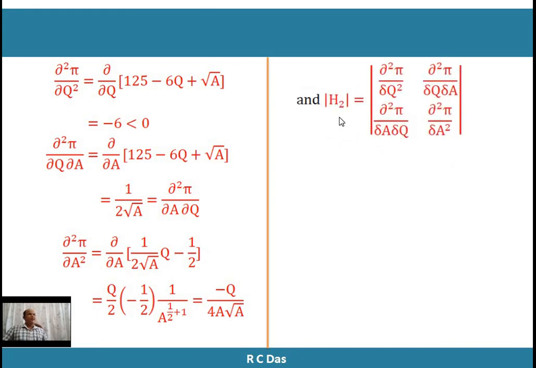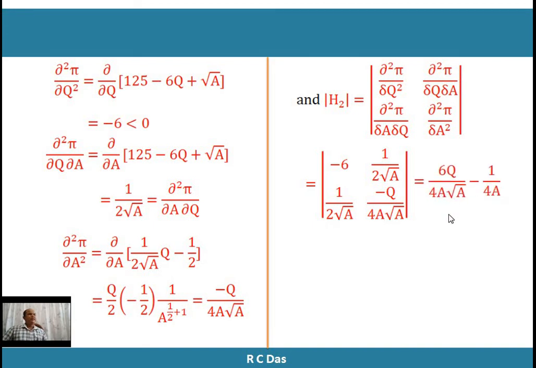Therefore, the second order Hessian is the determinant of the elements del square pi by del q square, del square pi by del q del a, del square pi by del a del q, and del square pi by del a square. Here we put the values: minus 6, 1 by twice root a, the same value 1 by twice root a, and minus q by 4a root a.